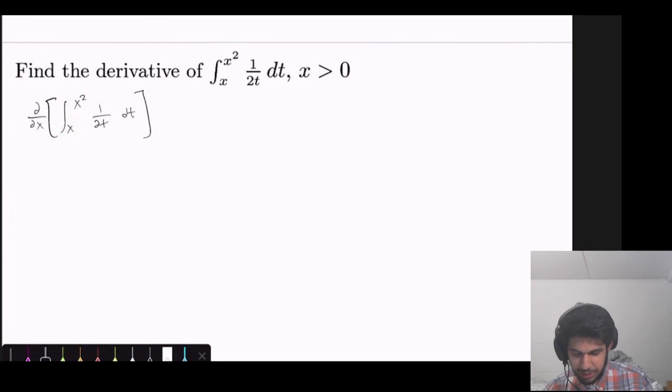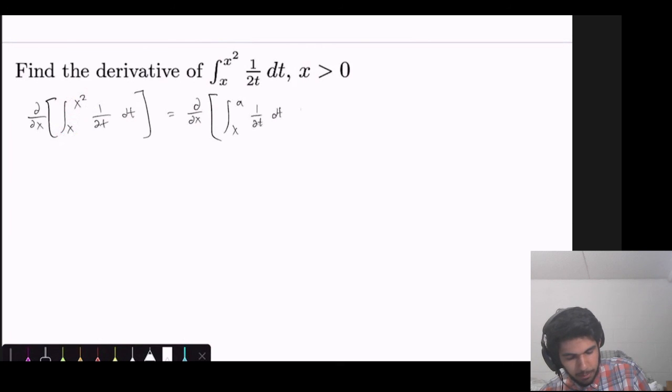So we have to make that a constant, and the way we're going to do that is split up the integral. This is equal to the derivative of the integral from x to a of 1 over 2t dt plus the integral from a to x squared of 1 over 2t dt.